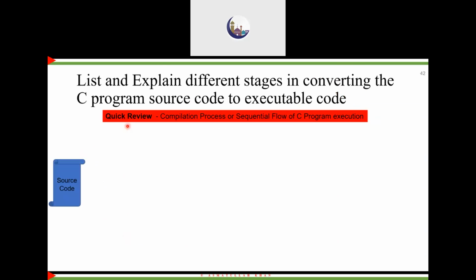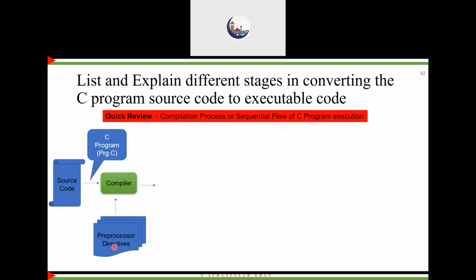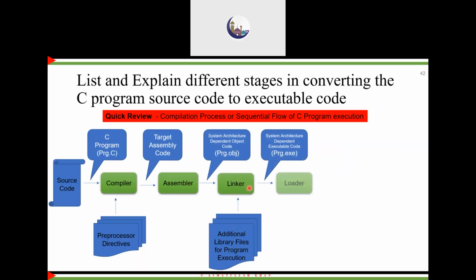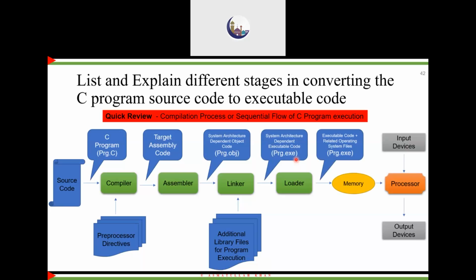Once this program is passed to the compiler, it will plug in all the preprocessor directives, include that code, and pass it on to the assembler. The assembler will take the assembly language code the compiler has generated and pass it on to the linker. The linker will take what the assembler generated as object code, and pass it along with the additional library files required for our program to be executed, on to the loader. The loader will take what the linker has generated, prg.exe, which is a binary file, allocate memory to it, and pass it on to the processor for execution.